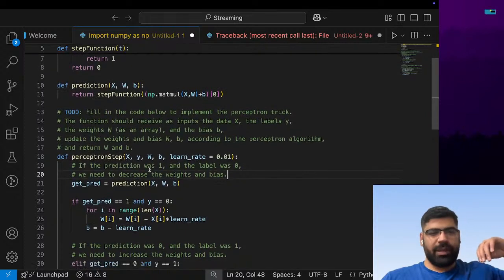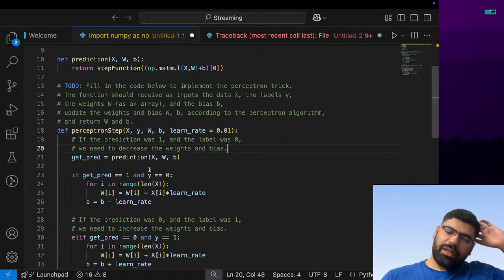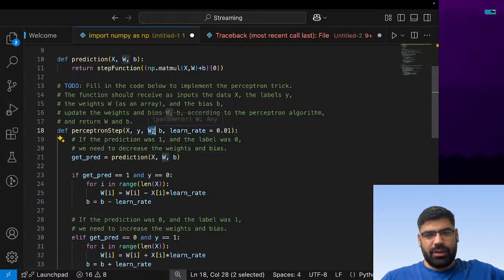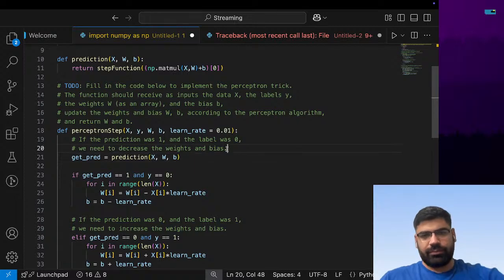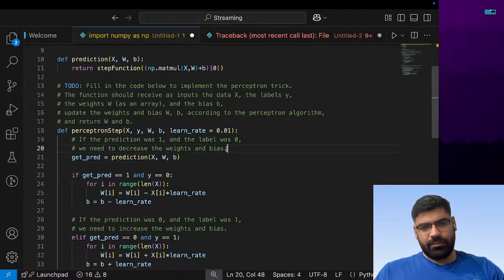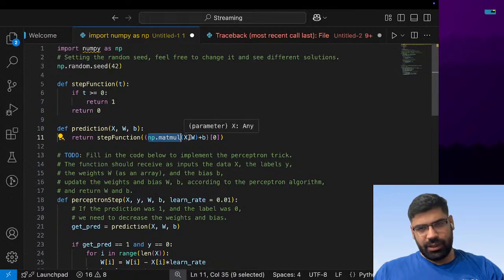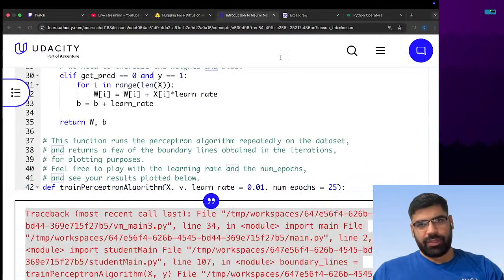I have to go one by one. For each prediction, if the prediction was one, do this. So for each prediction, I have to go through X and W. Hmm. And I want to see what exactly this one is. There's one array here, second array here, matmul function.